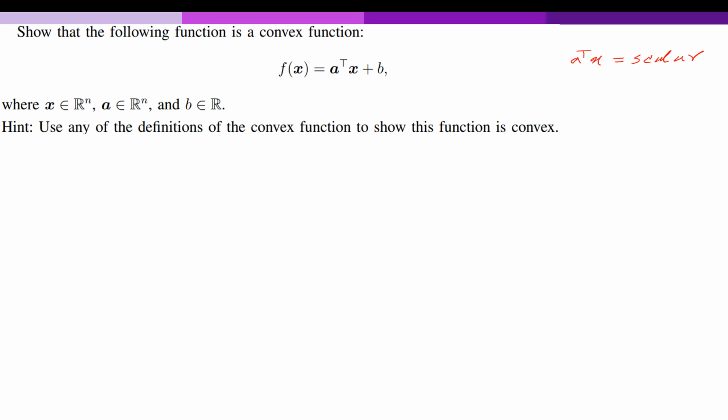For example, if we have a1, a2, and x, y, that will be a1x plus a2y, which is scalar.